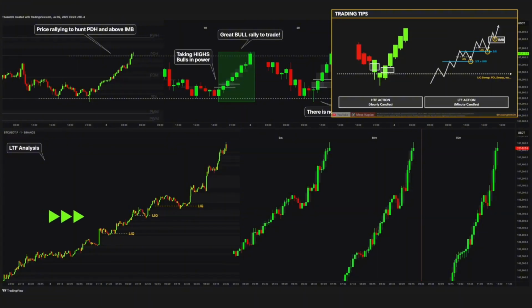Notice these small inner liquidity sweep areas in the 1 minute. All these small sweeps actually happen at the area of 5-minute imbalances if you look carefully. Remember, we are rallying towards the PDH, the previous day high, as our target.